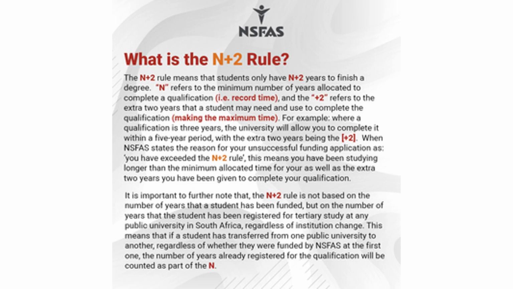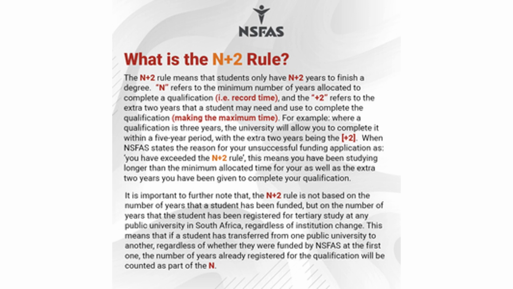That is, you registered at the first institution for 2 years out of your 6 years, and you move to another institution. The number of years doesn't start from 0. They continue from your 2nd year. You are only left with 4 years, so you are going to be given those 4 years to complete. If you fail to complete in record time for those 4 years, you will be excluded financially according to the guideline of N+2 rule.